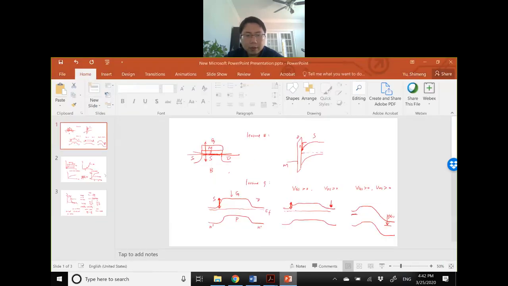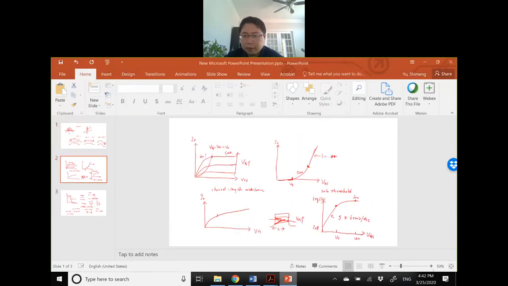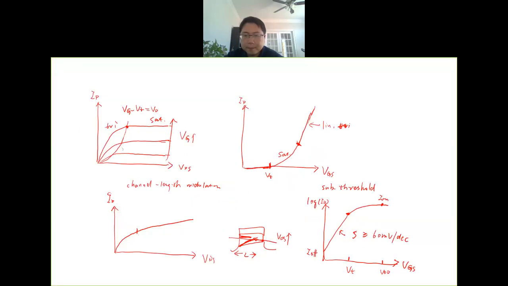So let's look at the ID VD plot and ID VG plot. So this is ID versus VDS, and we have this kind of curve, and you have different curves here because the VG is increasing from here to here.